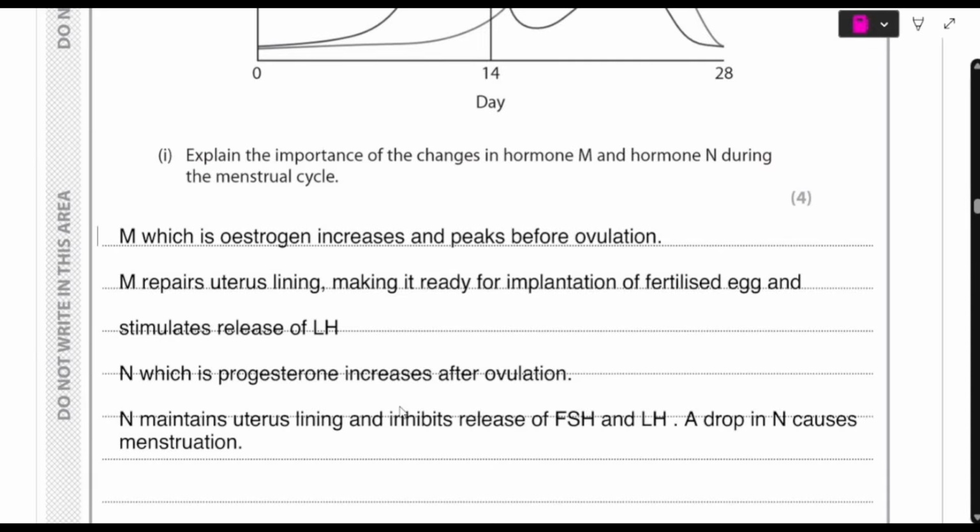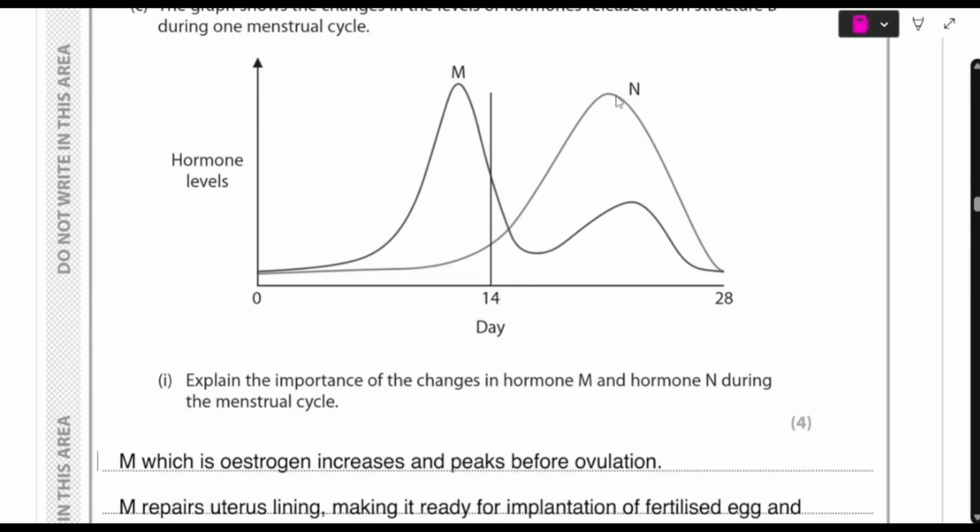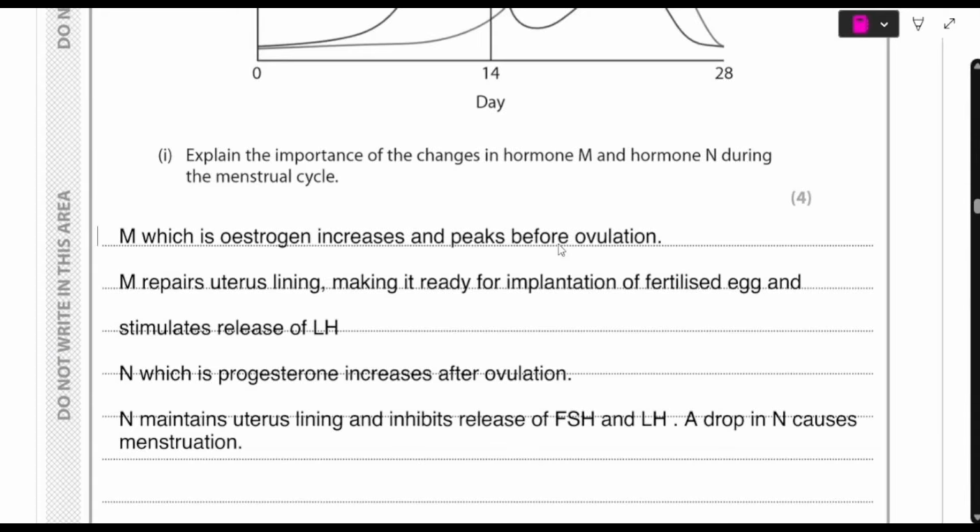And another thing, when estrogen drops and progesterone drops, the uterus lining is not maintained, so the menstrual cycle is triggered again, causing menstruation.